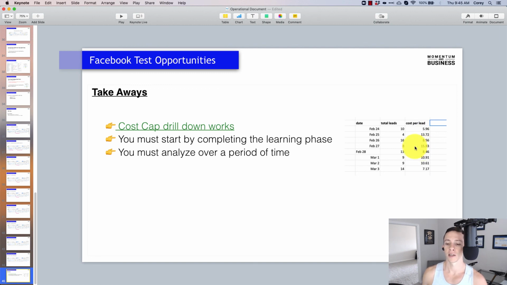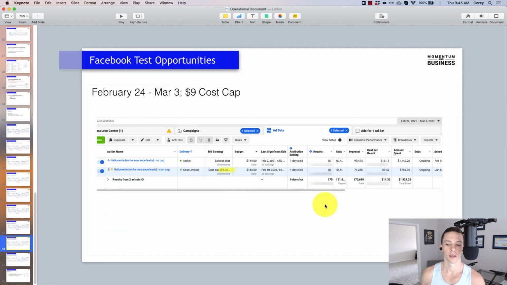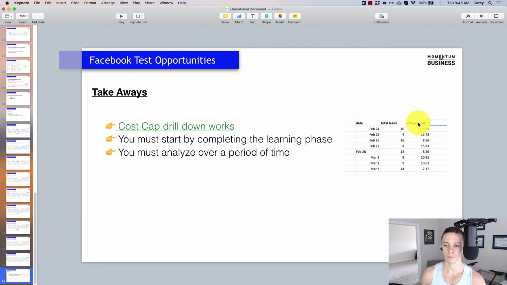And you can see that while our total average over this period was $9.42 per lead, it varies wildly, right? We had days of $5.96, $13.72, a high of $15.83, and then back down to $7.17. But over this full 7-day period, it came close to our $9 cost cap at $9.42.